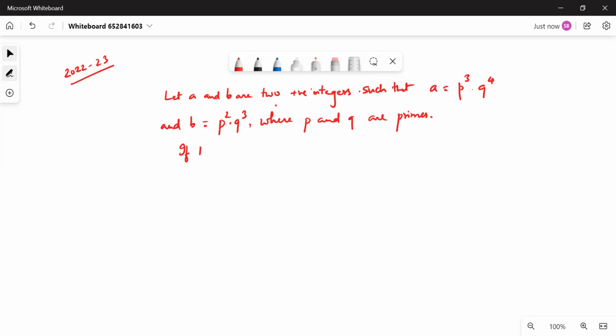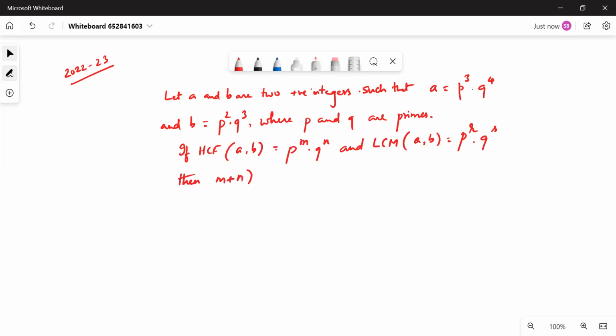If HCF of A, B is equal to P power M into Q power N and LCM of A, B is equal to P power R into Q power S, then find the value of (M plus N) into (R plus S).